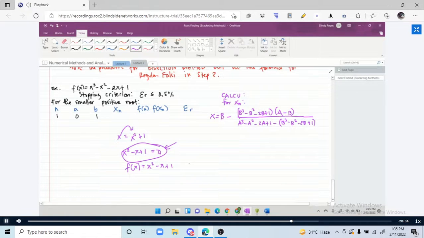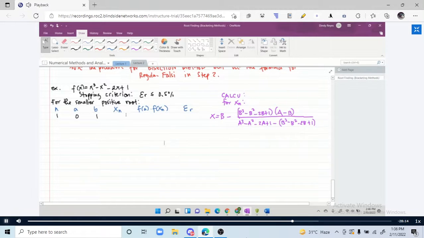Pag sinabi mong find the root of this equation or find the 0 of this function, I am pertaining to the same thing. We are finding the root of this equation. Okay? So, walang difference yun. Notation lang natin yun para maintindihan nyo kung ano ito.